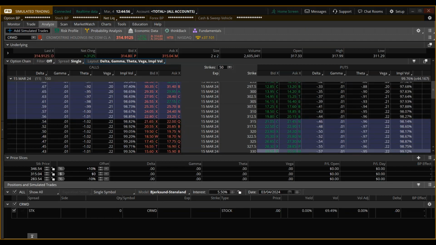It's grouping them all together, applying the formula, grabbing this IV and that IV from all these different options, and saying the options that expire on March 15th have an average IV, let's call it an average IV of 99.76. It's not truly an average, but all right, I wanted to explain that.